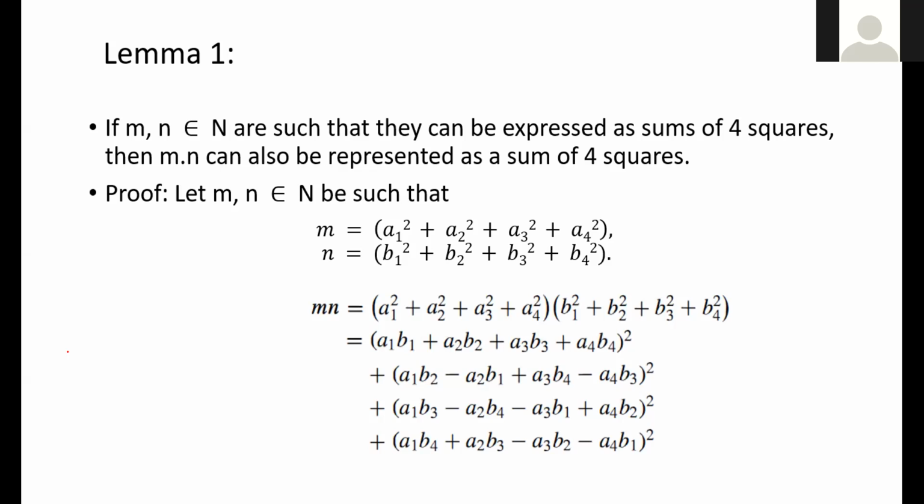Once we prove that if two numbers are written as a sum of 4 squares, then the product is also written as a sum of 4 squares, what do we need to prove to show that every number is a sum of 4 squares? Anyone? It is sufficient to prove that primes are written as a sum of 4 squares. Correct.